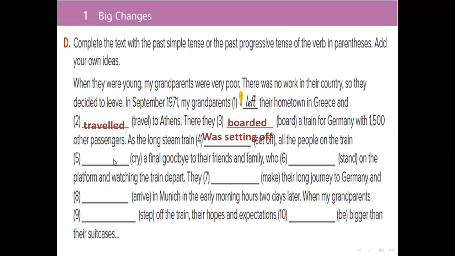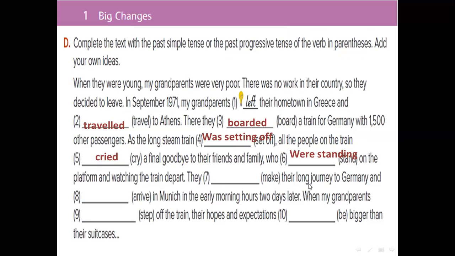The past form of cry is cried. Don't forget to change Y into I. Who on the platform and watching the train depart. This is the past progressive tense, okay? So we will use were standing, were plus ing, because friends and family are plural.